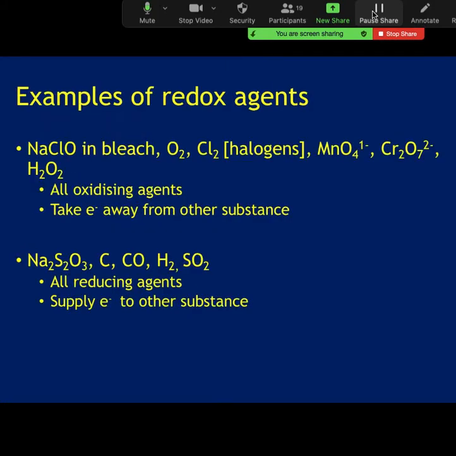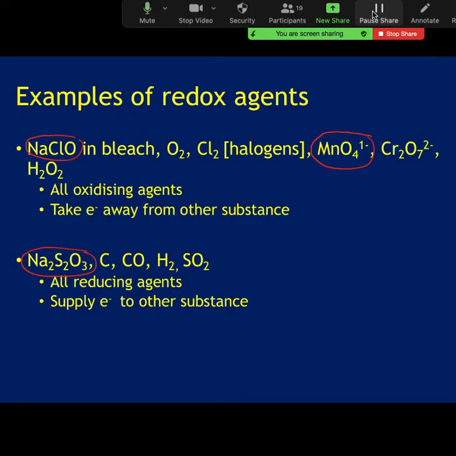So just the last little bits, these are just some examples of redox reagents. So when we do our titrations, we do a titration with bleach and we do a titration with manganate. They will be our oxidizing agents, and we also do with sodium thiosulfate down here.